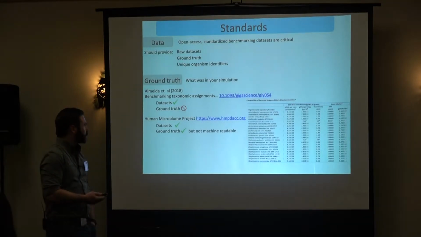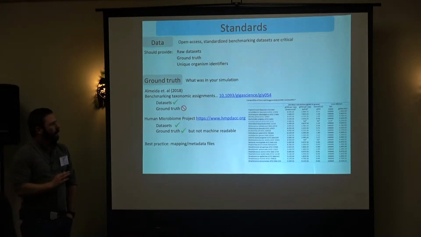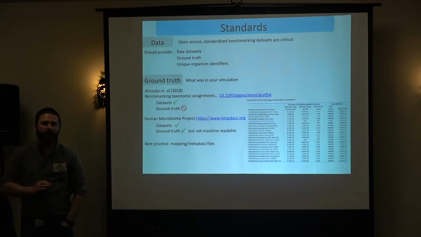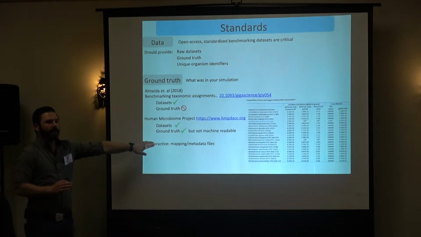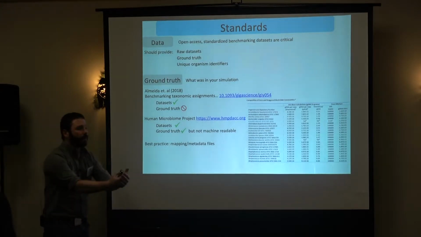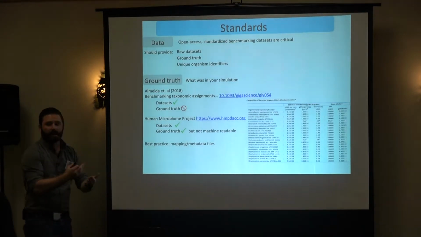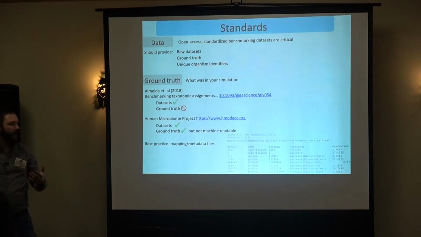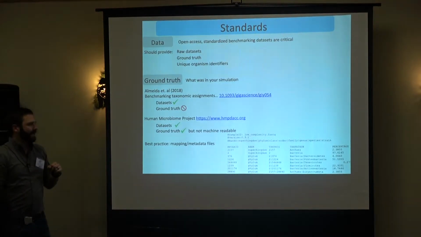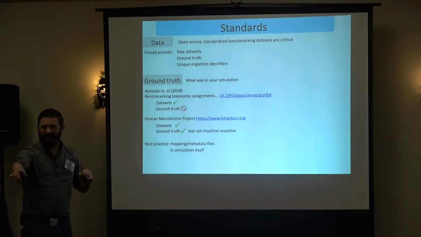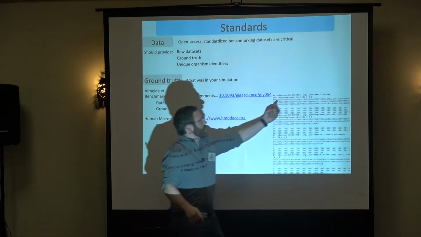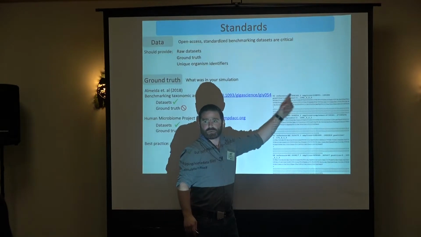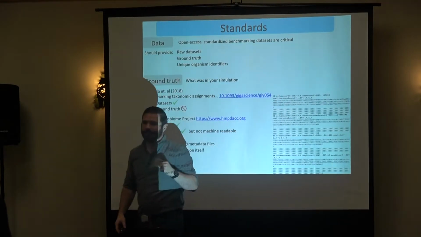There are a couple best practices that you can do here. So in particular, provide the mapping and metadata files. So pair up your raw data along with a text file or CSV file or something like that that tells you what was in it to begin with, as well as, if you really want to make people's lives easier, in the raw data itself, say where these actual pieces of data originated from.